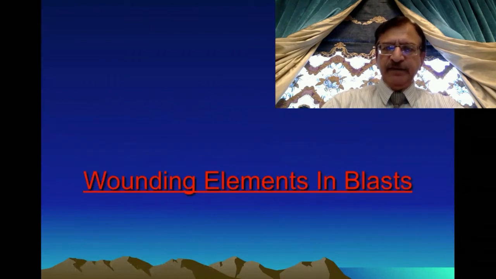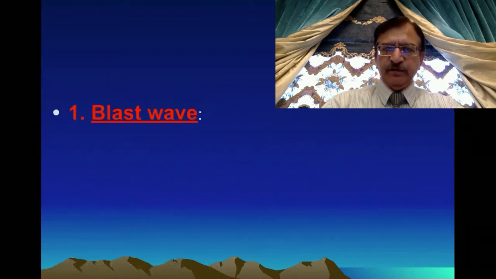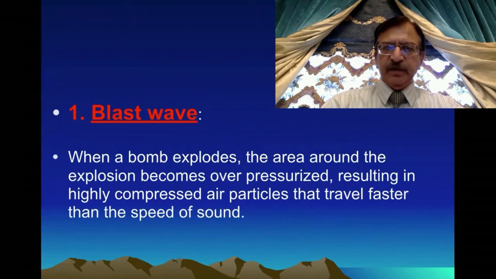Then the wounding elements in the blast which are responsible for causation of injury, the most important is the blast wave. When a bomb explodes, the area around the explosion becomes overpressurized, resulting in highly compressed air that travels faster than the speed of sound.